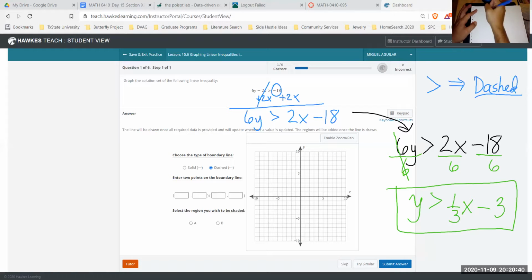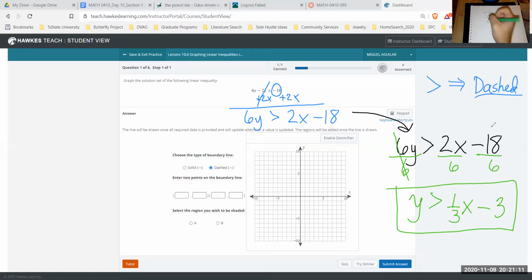Okay, so our inequality was 6y minus 2x is greater than negative 18. So I said we needed to add 2x to both sides so that we get 6y is greater than positive 2x minus 18.